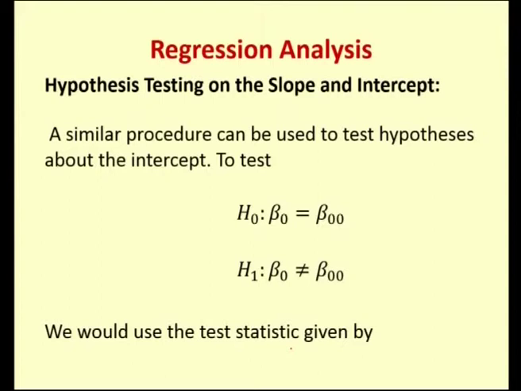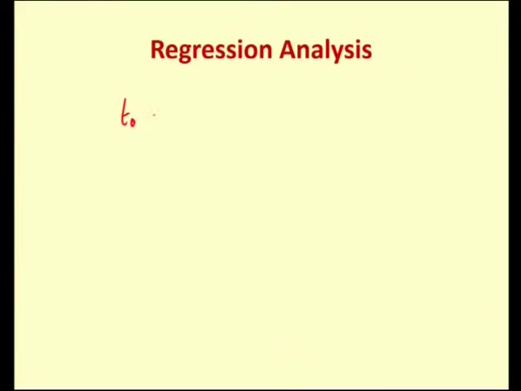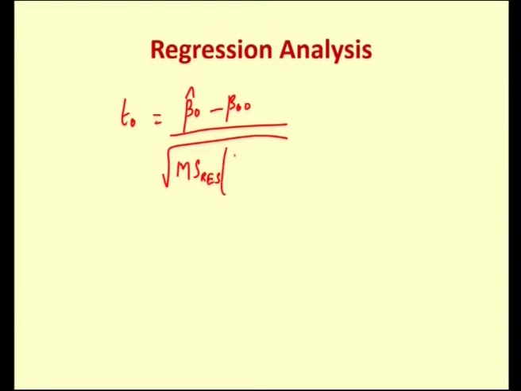Here we can use the test statistic t naught equal to beta naught cap minus beta 0 0, this is under H naught, divided by the square root of the standard error, that is, the square root of mean sum of squares due to residual into 1 by n plus x bar squared divided by Sxx.